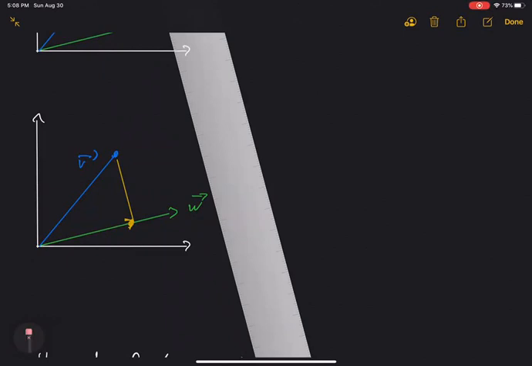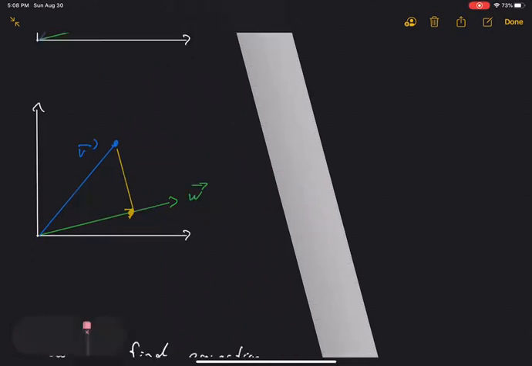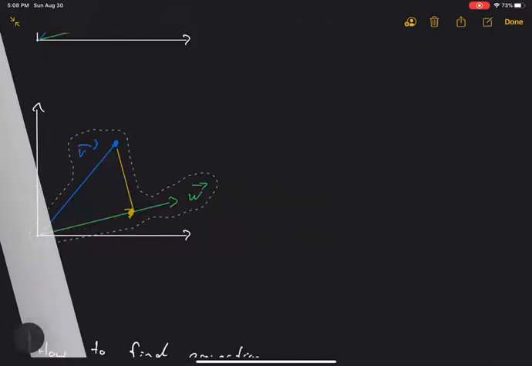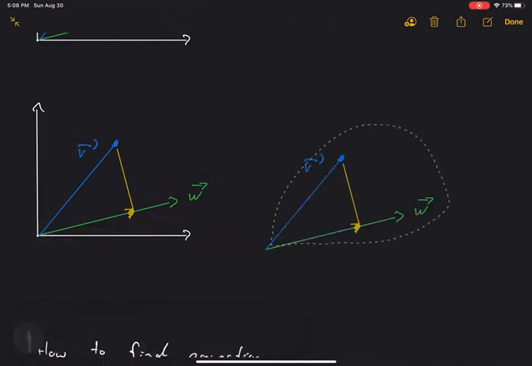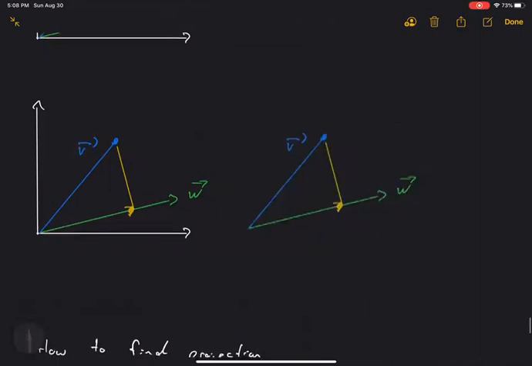let's say I had these vectors v and w. Let's say I ignored the axis, I just took these. Can I rotate on here? No, I can't.